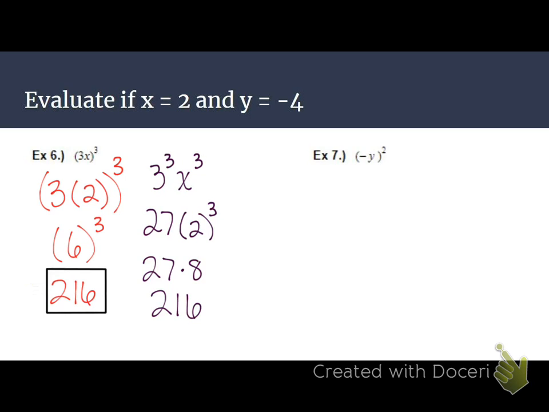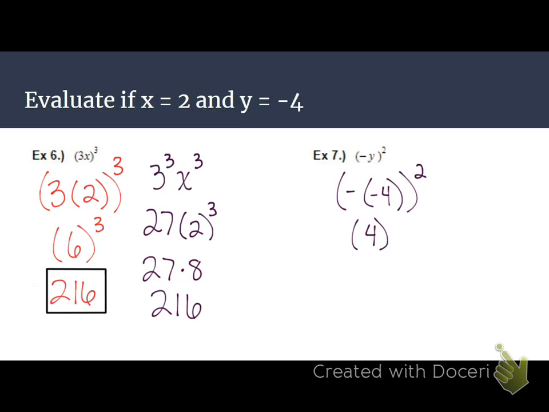Okay, again on example 7, I would recommend substituting first. Meaning I put a blank where my variable was. Into this blank, what number am I putting? A -4. Okay, by our order of operations, we should start inside the parentheses. So a -4 is really what?